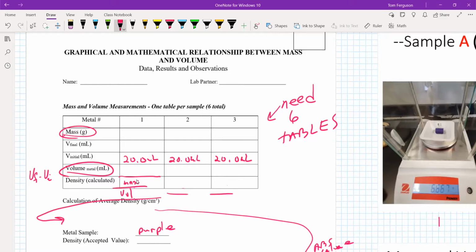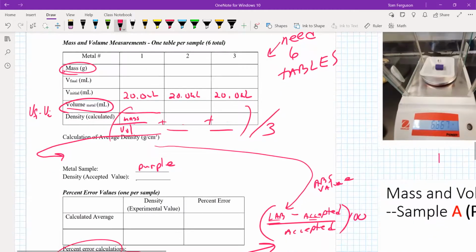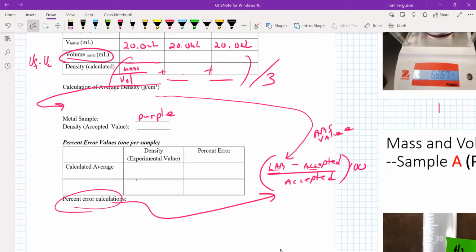In other words, you're going to take this plus that, all divided by 3, and that'll give you your average density of the 3 samples. You're going to then compare that to the value at the end of the last slide, and that'll be the accepted value. You're going to subtract yours from that over the accepted times 100, and that'll give you a percent error.